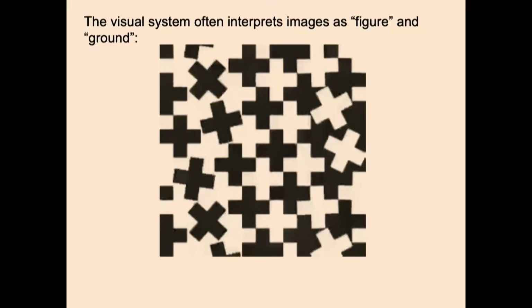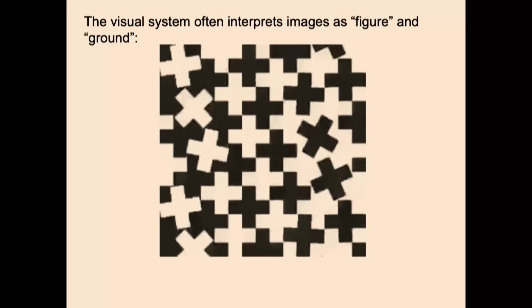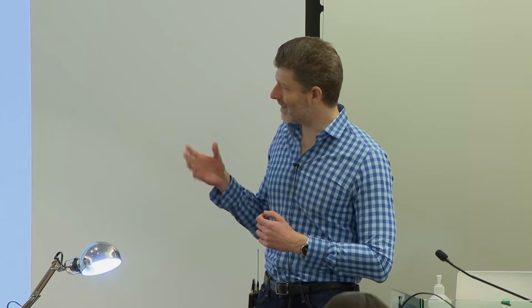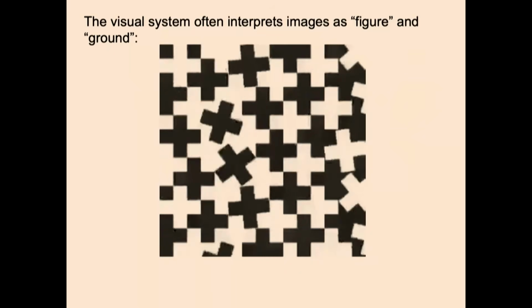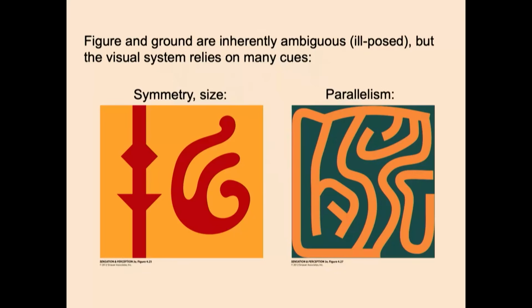And so it's just supposed to make the point that you tend to assign edges as belonging to one side or the other, okay? And the side that owns them is figure. So what's figure and what's ground is inherently ambiguous. So it's another example of an ill-posed problem.